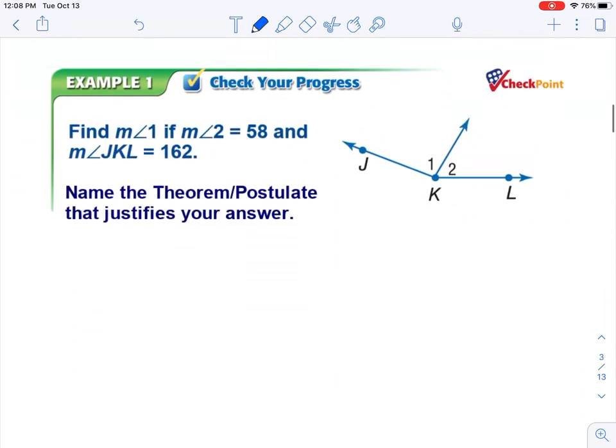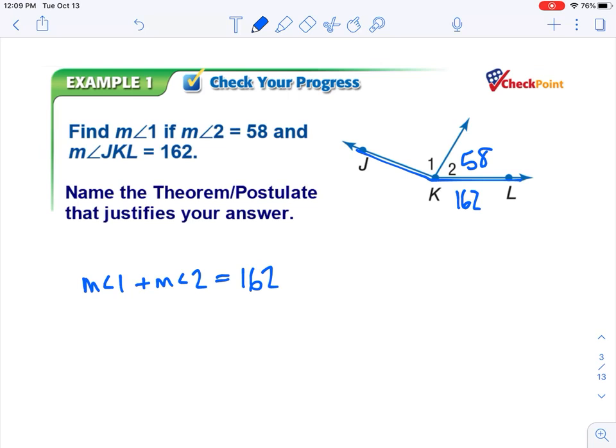So let's do some. We are going to find the measure of angle 1 if the measure of angle 2 is 58 and the angle JKL equals 162 degrees. Then we're going to name the theorem or postulate that justifies our answer. So I know that the measure of angle 1 plus the measure of angle 2 must equal 162 degrees, right? That is our angle addition postulate.